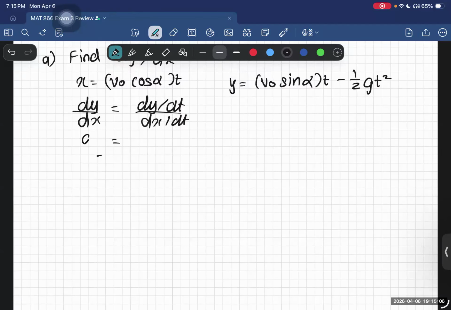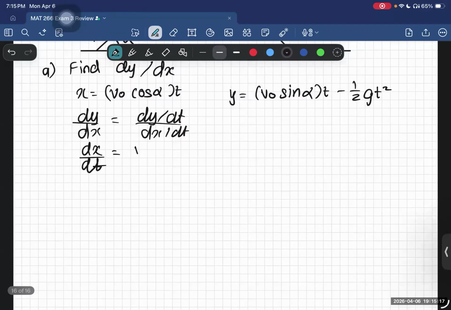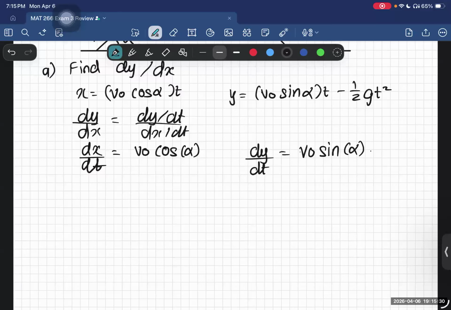Let's first differentiate for dx/dt. dx/dt is just v naught cosine alpha. And for dy/dt, we have v naught sine alpha minus 2 times 1/2 g t. This gets cancelled out, so dy/dt is v naught sine alpha minus g t.